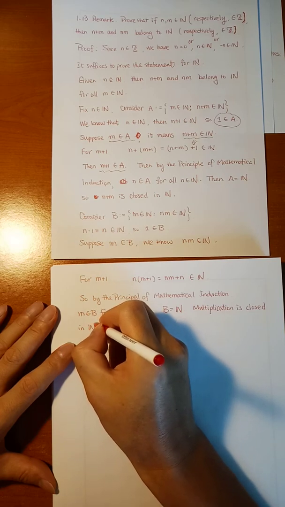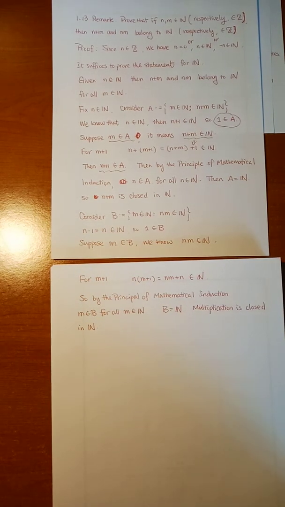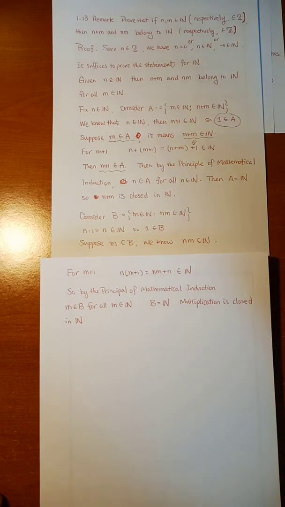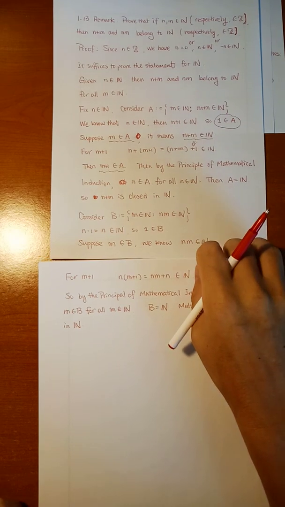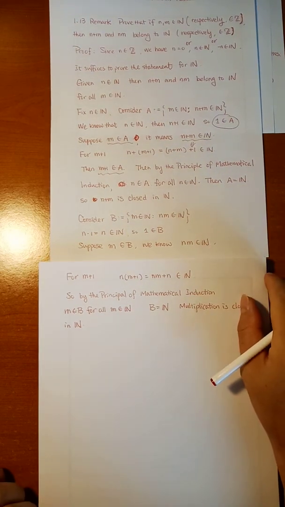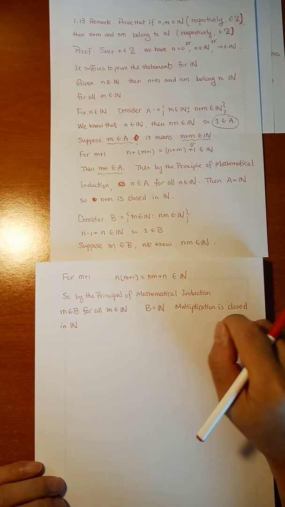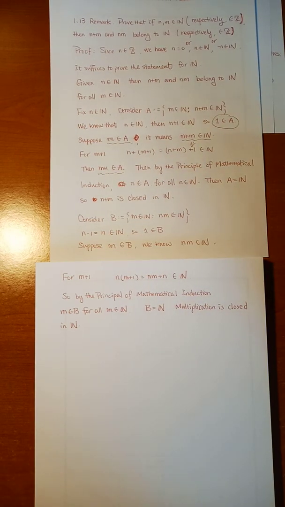In the set of natural numbers, multiplication is closed. So we showed that. Okay, so this is the proof of the closure of addition and multiplication for natural numbers and integers.